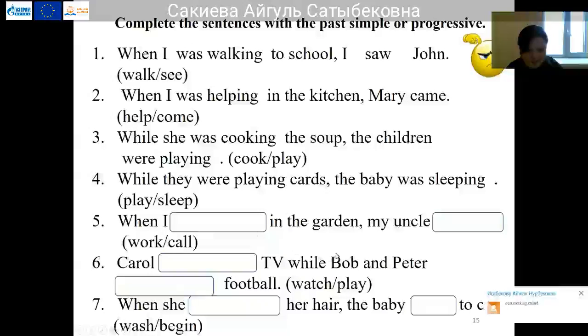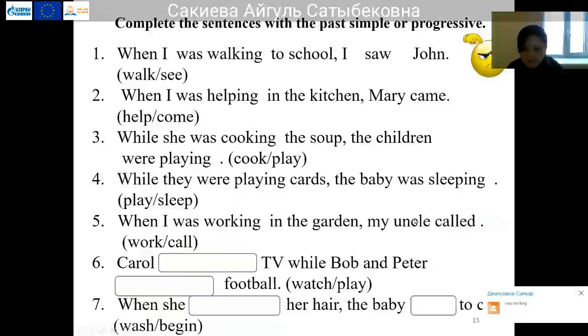Okay, the 5th one. When I in the garden, my uncle what? When I was walking in the garden, my uncle called. Yes. The 6th one. Carol. Watch and play. Almambet, since watch, was watching. Yes, let's check. You're right. And what about the second one? How do you need to fill in the second box?